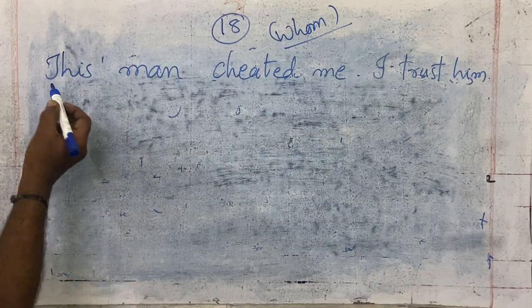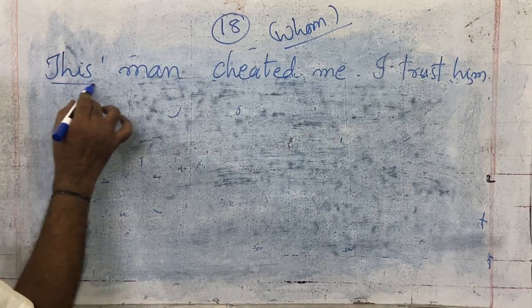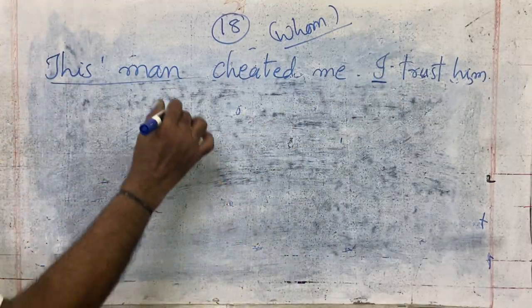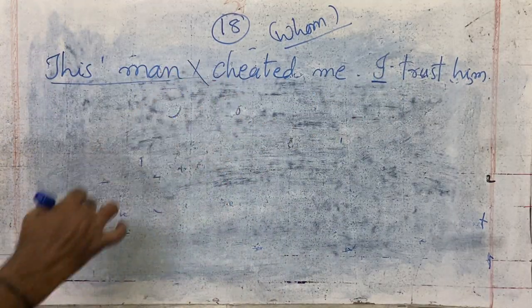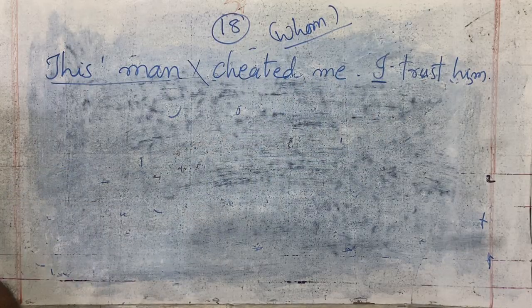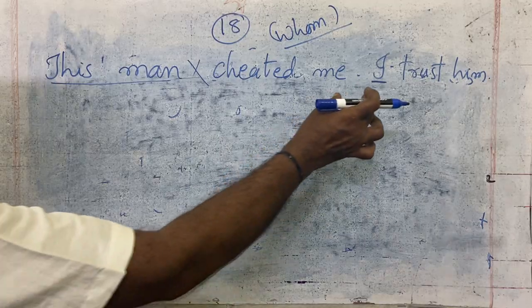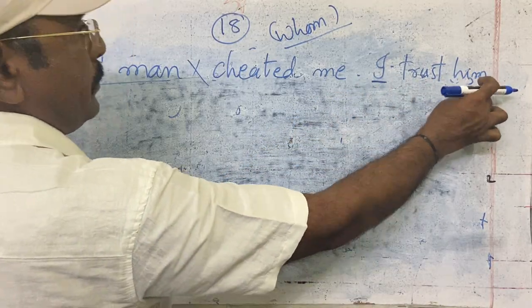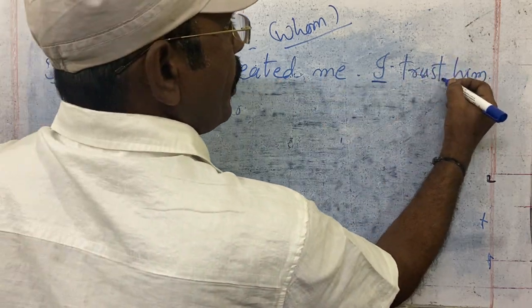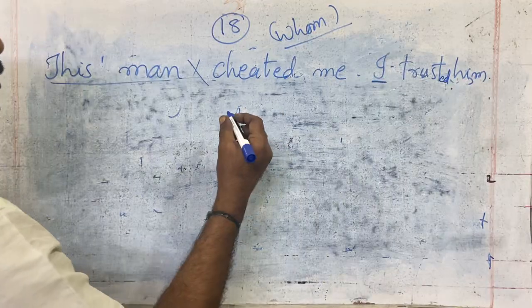So this man... The subject is different, so obviously we have to take only the relative clause here. Whom I trusted. Cheated, trusted, we only have to take trusted.